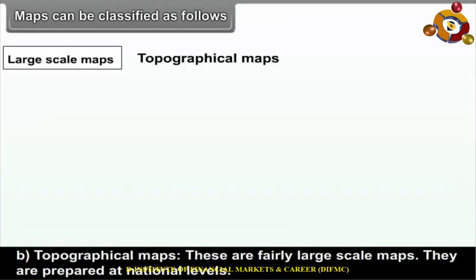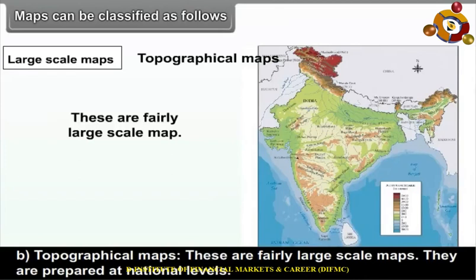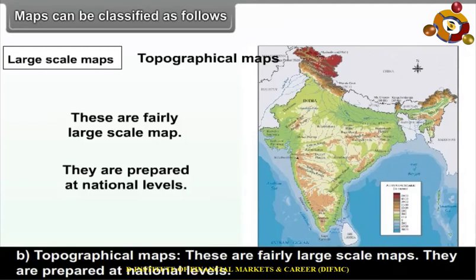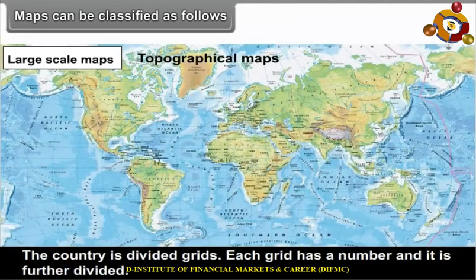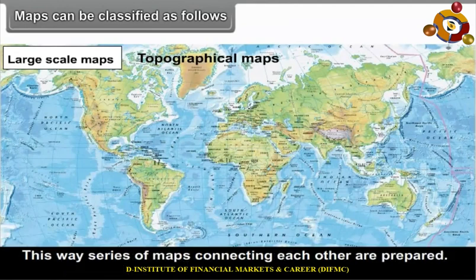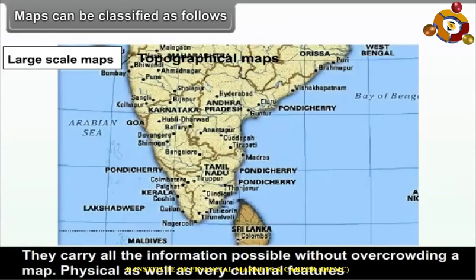Topographical maps. These are fairly large-scale maps. They are prepared at national levels. The country is divided into grids. Each grid has a number and it is further divided. This way, a series of maps connecting each other are prepared. They carry all the information possible without overcrowding a map.